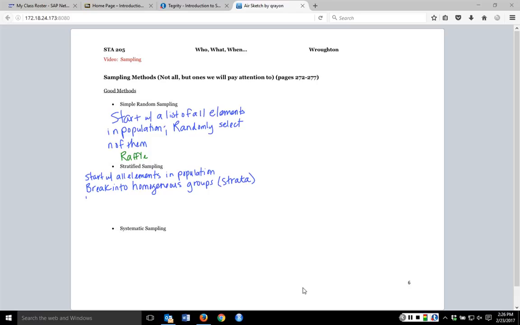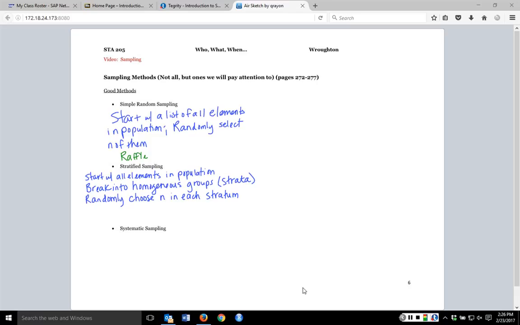And then from there, I'm going to randomly choose some from each group. And the singular part of strata is stratum. So I'm going to say I'm going to select 10 computer science majors, 10 math majors, 10 marketing majors. So I'm going to make sure I have some from each group.